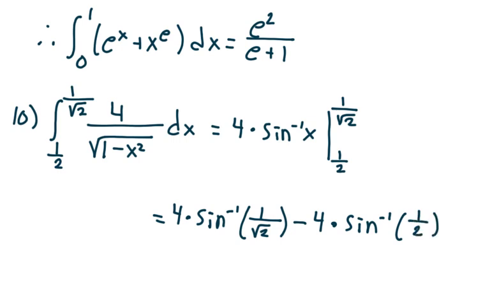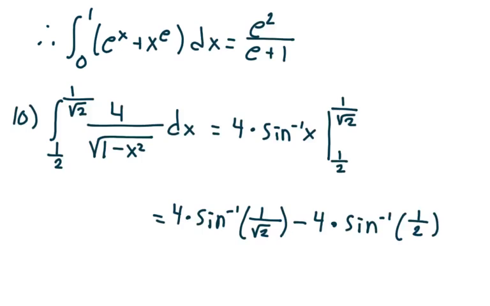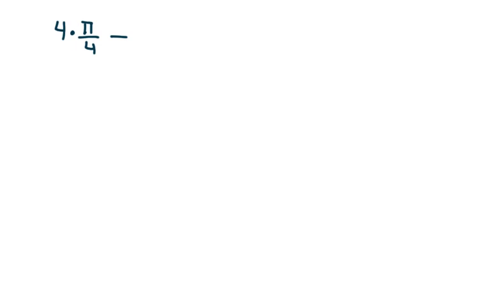Now, arc sine of 1 over square root of 2 is pi over 4. So this is 4 times pi over 4 minus arc sine of 1/2 is pi over 6. So we get 4 times pi over 6.